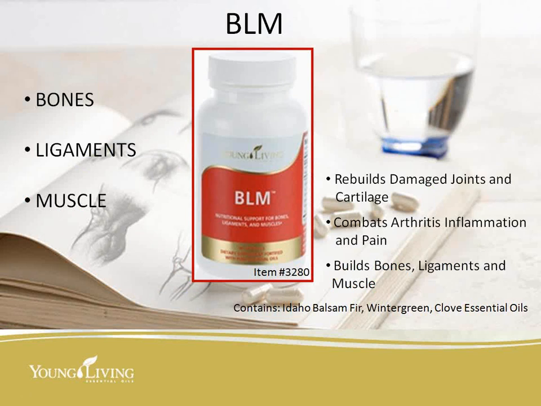I want to say a little bit about BLM that's not on this slide. It has glucosamine, and I'm sure many of you have heard of glucosamine. It's a very, very good supplement for adding to cartilage, and it's very good for the pain of arthritis.